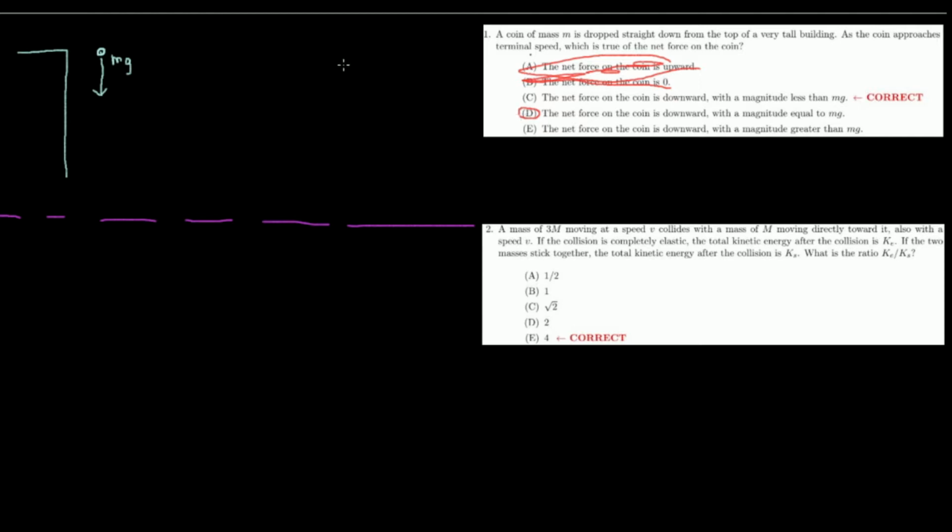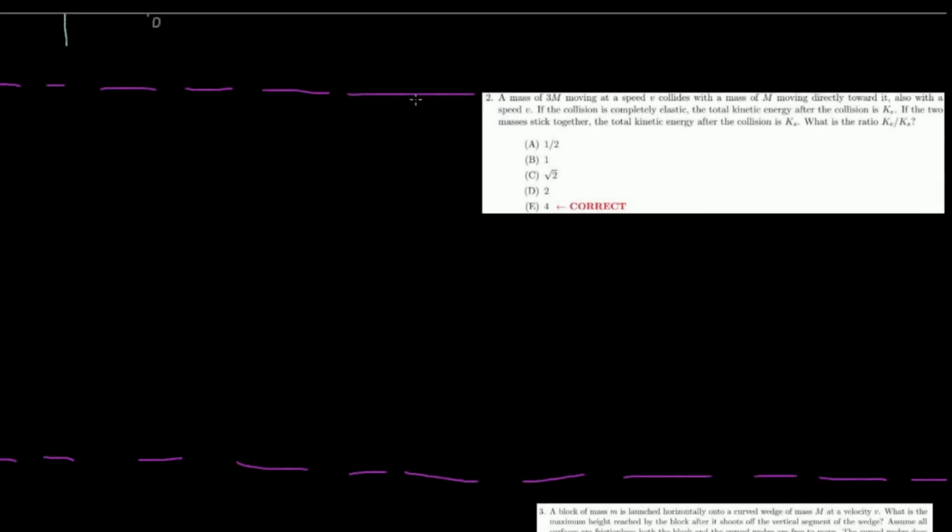But we have to remember that because it's approaching terminal speed, that means that there's probably air resistance. So there's some force of drag. And since this is counteracting this force of gravity, we get that it has to be less than mg. That is why C is correct.